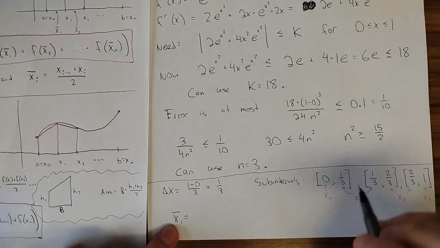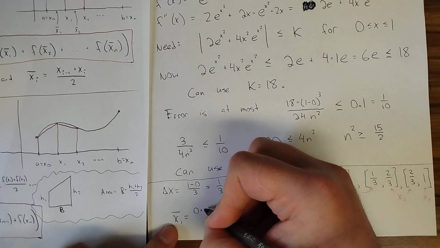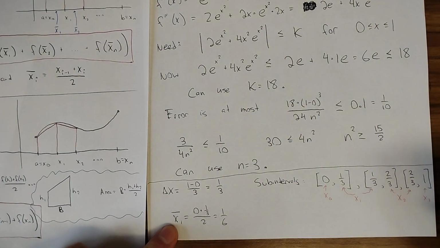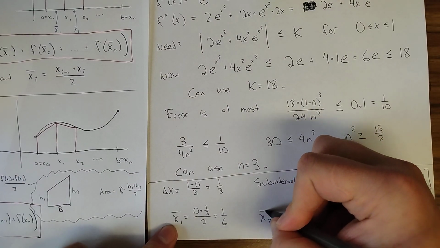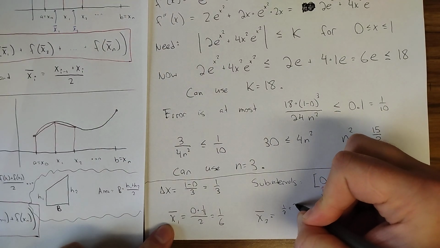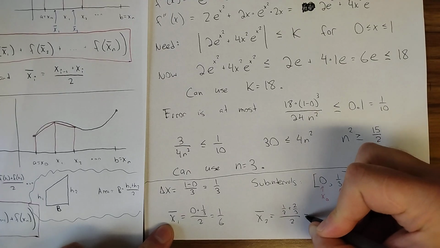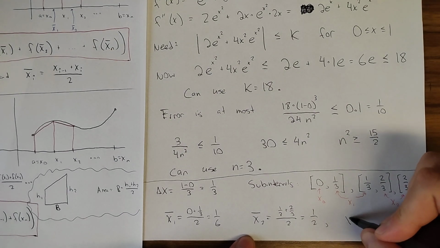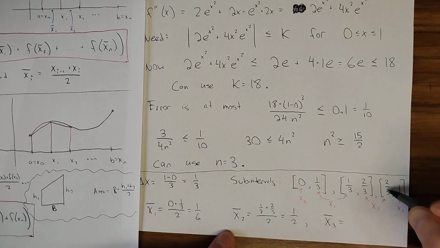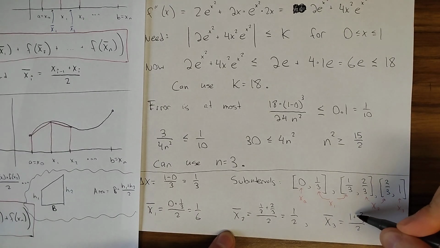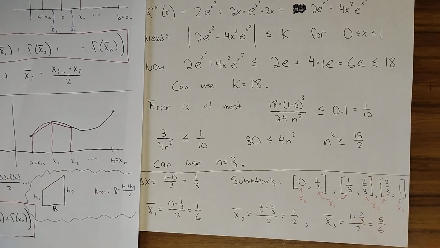It's the midpoint of these two, which is, I'll show the work, just add them and divide by 2, but that's just going to be 1/6. x2 bar is the midpoint between these. So 1/3 plus 2/3 is 1, so I just get 1/2. x sub 3 bar is the average of these. So that's 5/3 over 2, which is 5/6.